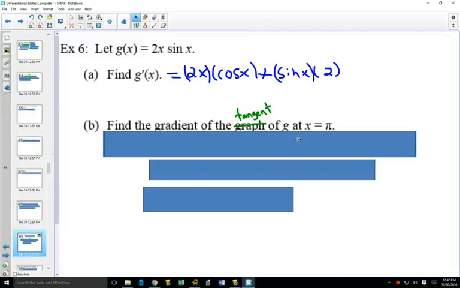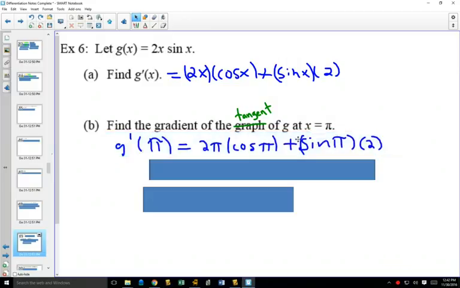Find the gradient of the tangent of g at x equals pi. Now you can just plug in pi for x. Okay? Now cos of pi and sine of pi are on your unit circle. If you think about the coordinate, remember that the x coordinate is cos and the y coordinate is sine.